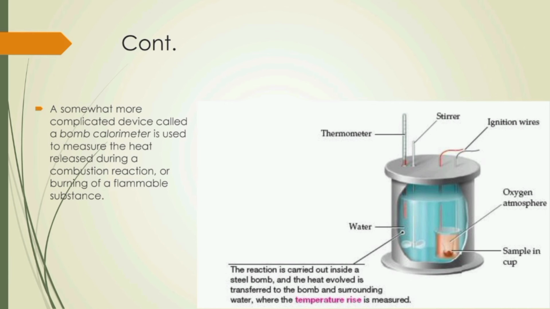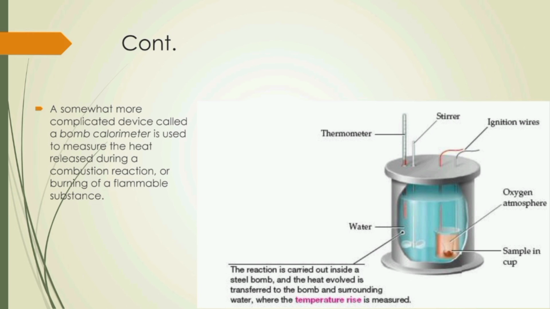The reactants are ignited electrically, and the evolved heat is measured from the temperature change of the surrounding water. Since the reaction takes place at constant volume, rather than constant pressure, the measurement provides a value for delta E rather than delta H, but this is going to be another topic in the next video.